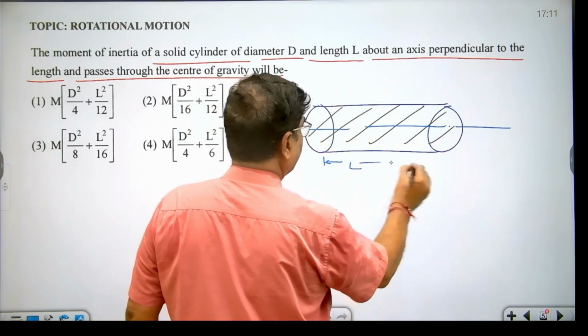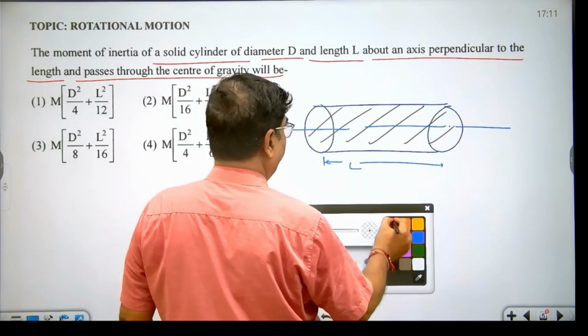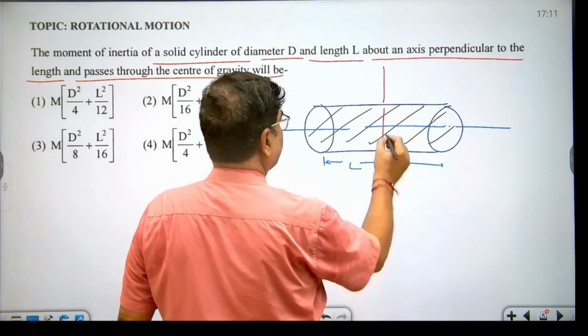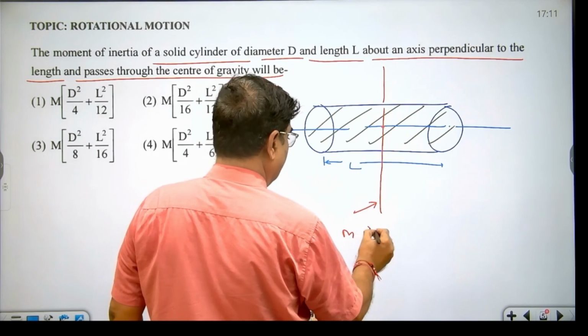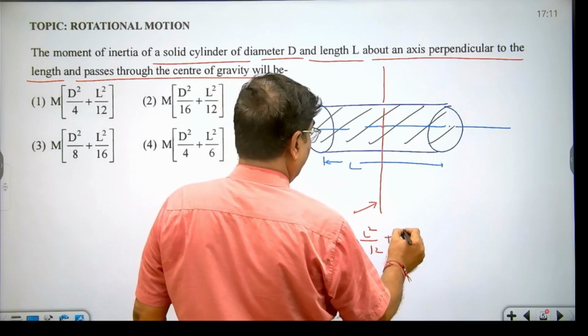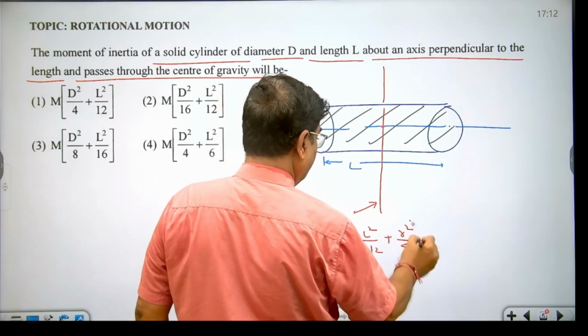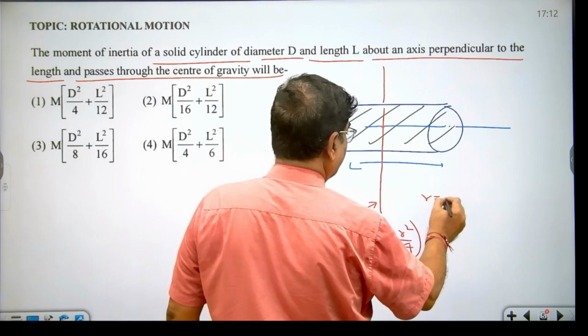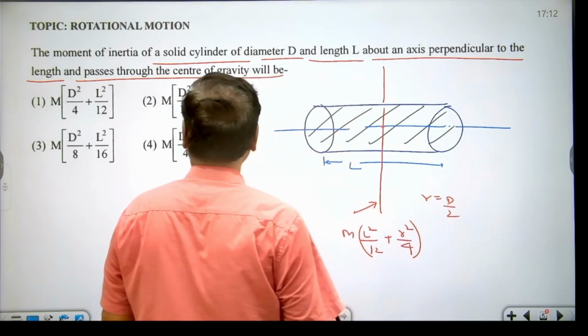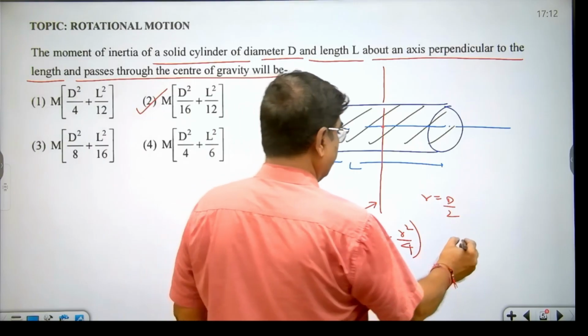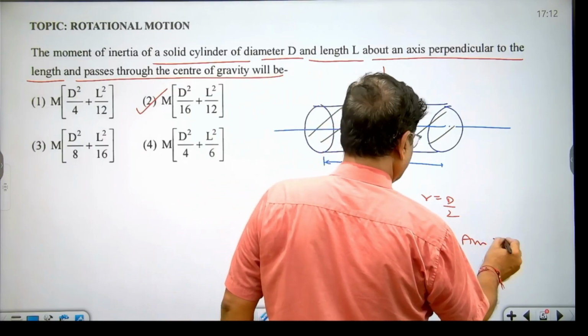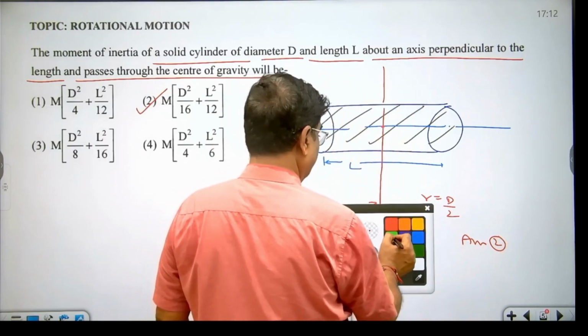Length is L. And we have to determine about this axis. So about this axis, moment of inertia is m L square upon 12 plus R square upon 4, where R equals d by 2. So this will be the answer. Out of 4 choices, option 2 is the correct answer.